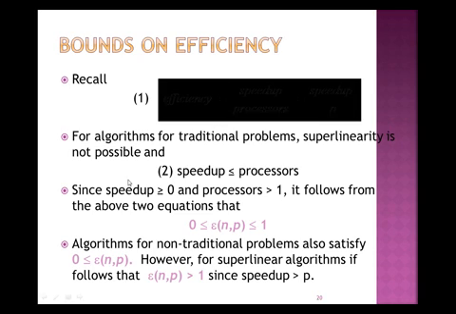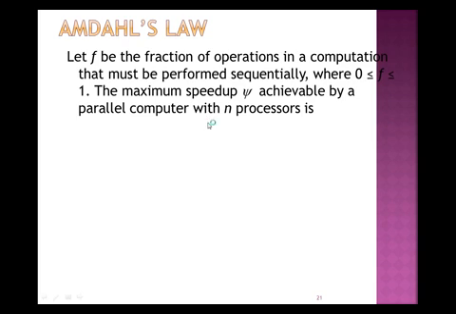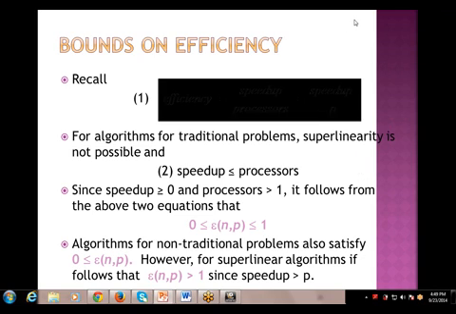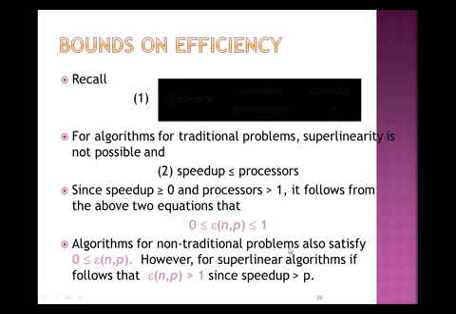These are the bounds on the efficiency. For algorithms for traditional problems, superlinearity is not possible and speedup is less than or equal to the number of processors. The next point says algorithms for non-traditional problems also satisfy 0 is less than or equal to efficiency.